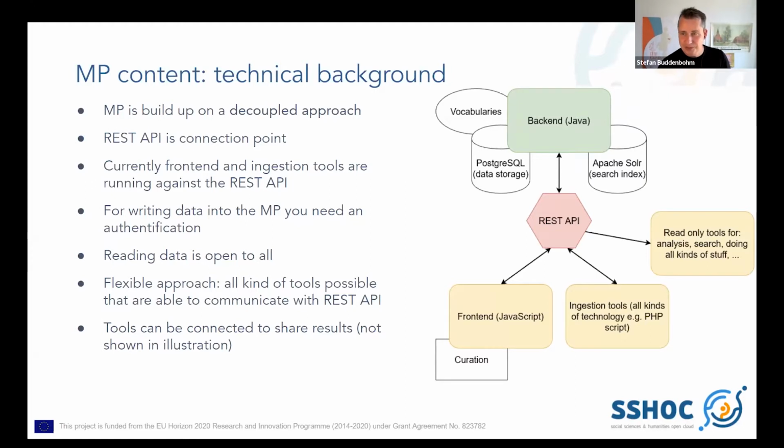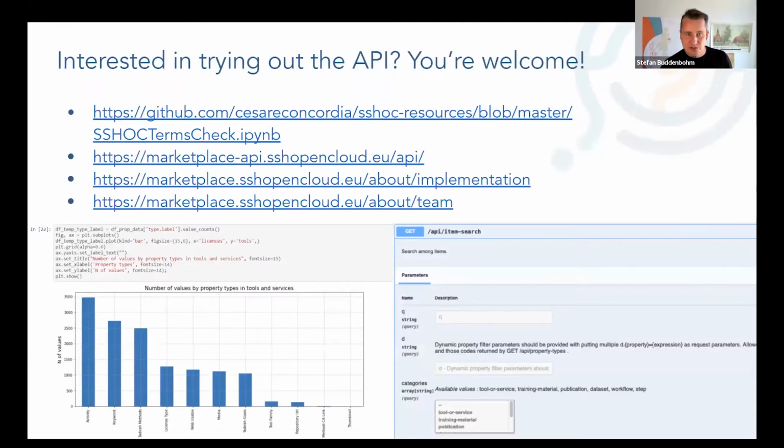I'd only like to make this remark here, that already today the marketplace content is available through the API for experiments. So if you are interested in using the REST API, you're welcome. You may already look up one exciting example. If you follow the first link here, then you end up in the left bottom corner where a screenshot is visible.